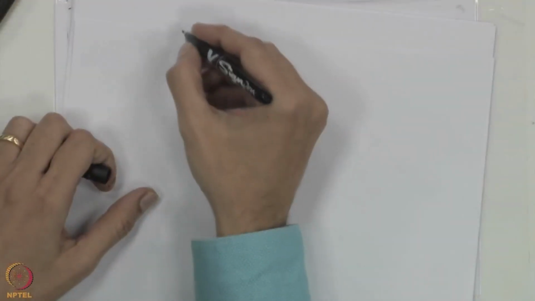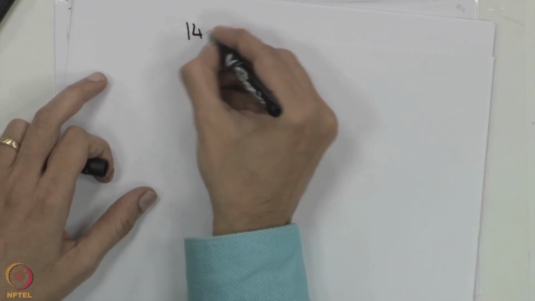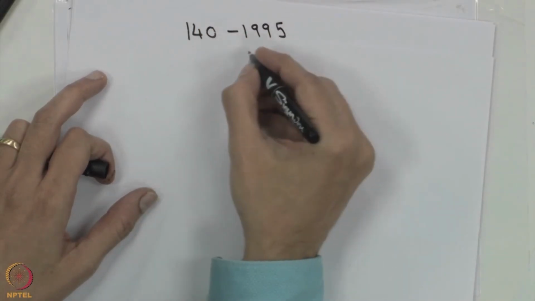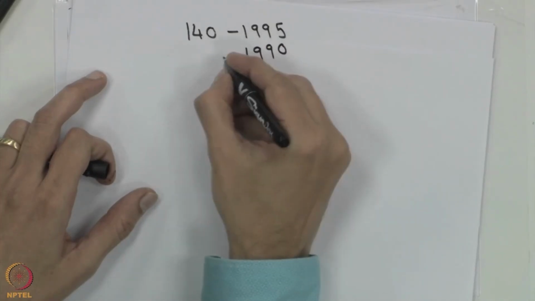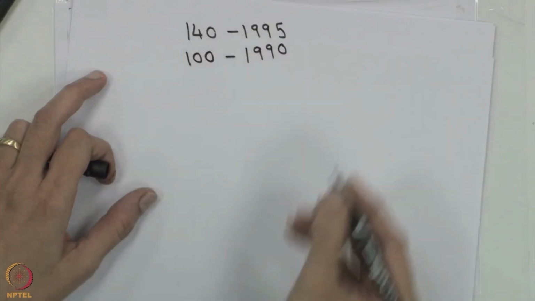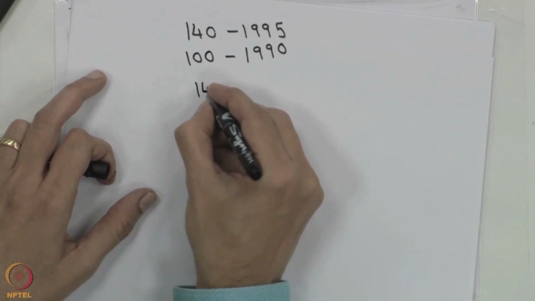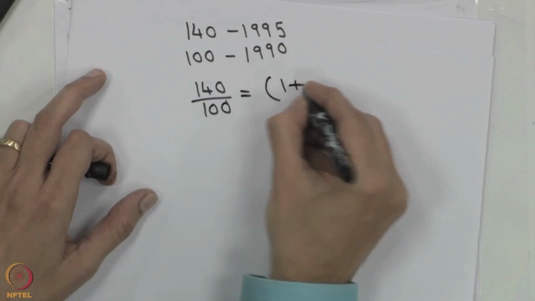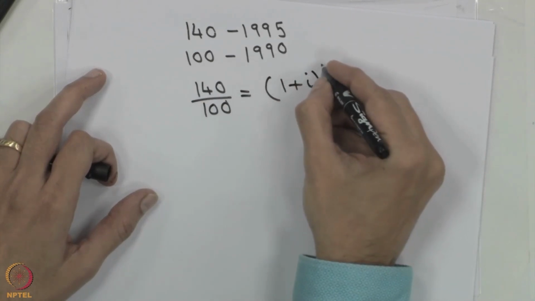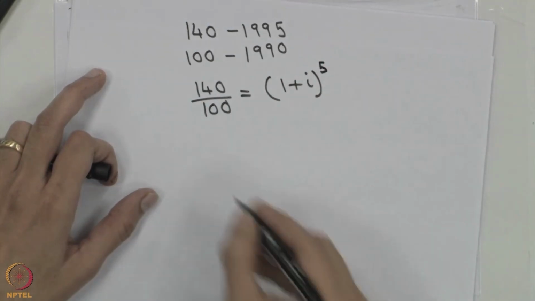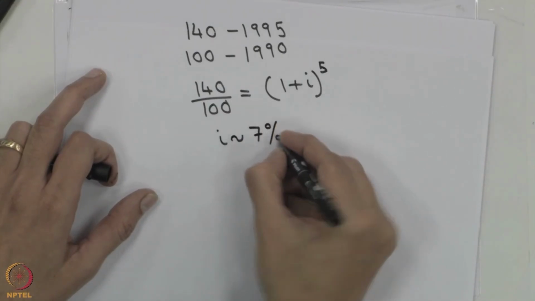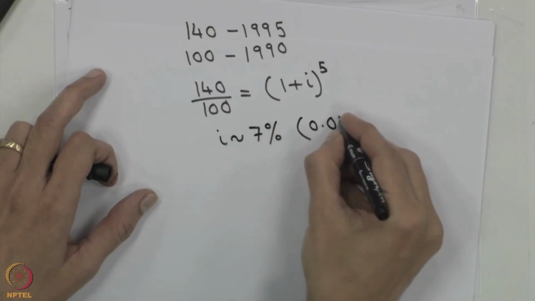So, what we can do in this case is say 140 is in 1995, the base year is 1990, by definition in the base year it will be 100. So, essentially we take 140 by 100 as the compound inflation rate raised to 5, and then you will find that it is approximately 7% or 0.07.